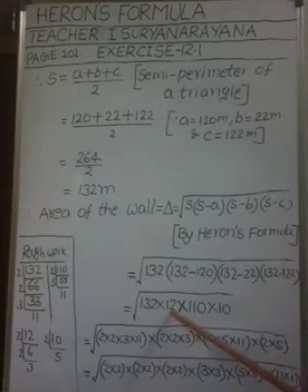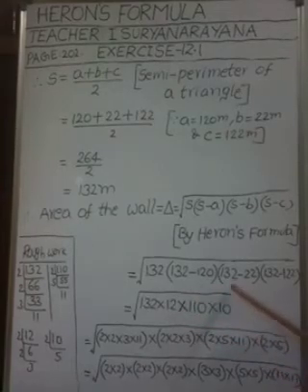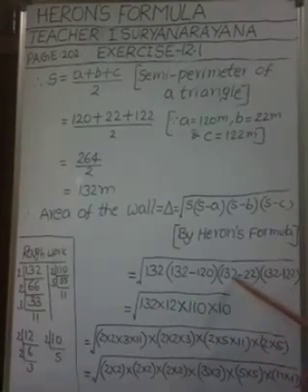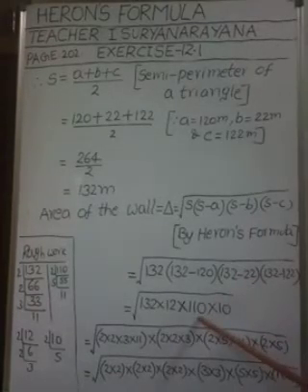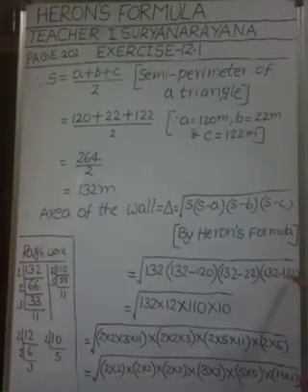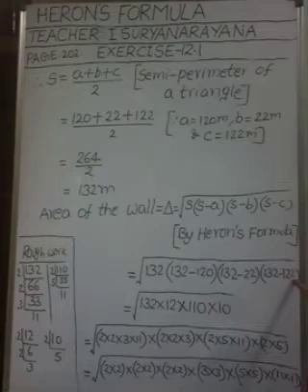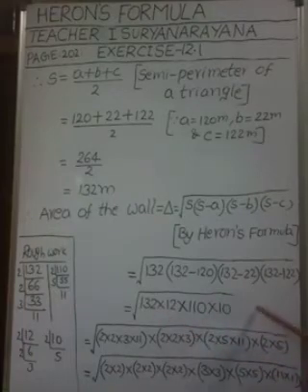Okay, my children, understood this number? Into, again here brackets are there, so into 132 minus 22. What will you get by simplifying these two numbers? 110. Understood this number, my children? Again brackets are there, into 132 minus 122. What will you get by simplifying these two numbers? 10. Understood this part, my children? Right. Understood this step, my children?